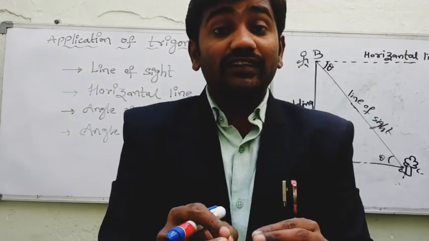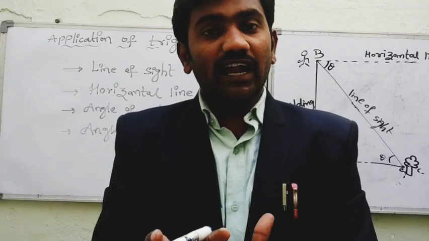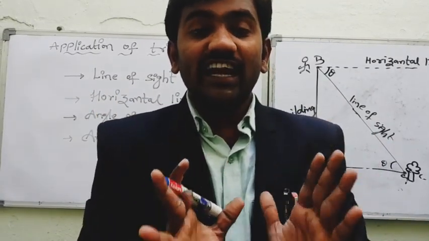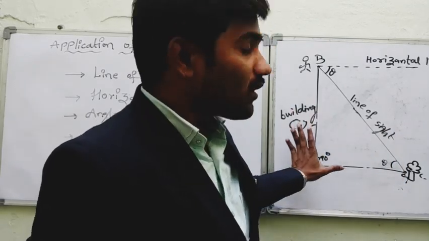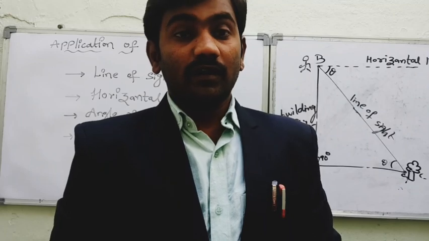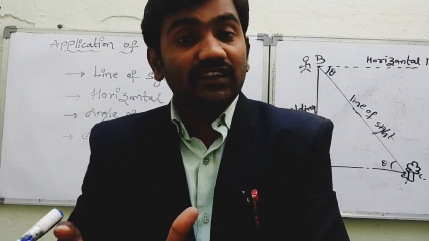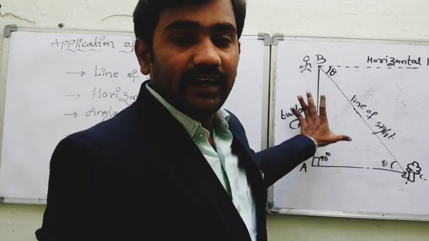First, whenever you read a question in the application of trigonometry, read very carefully and try to understand the question completely. Then draw a neat diagram using a right angle triangle. Draw the diagram properly with the help of the question, and the information given in the question has to be represented on this diagram.